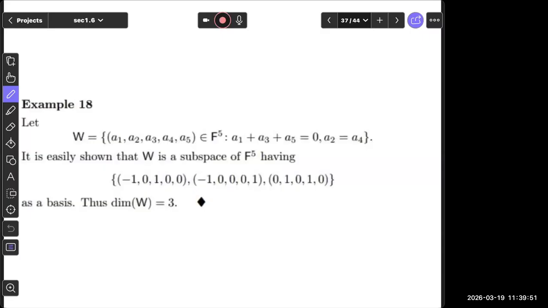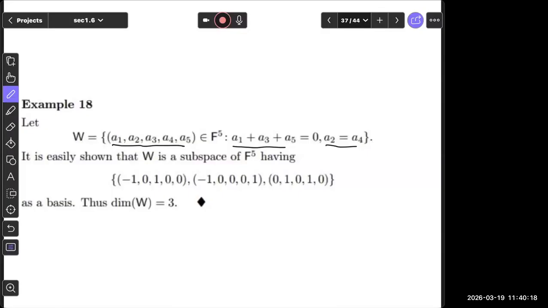Now, let us consider example 18. W is a set of vectors of 5 numbers, where a1 up to a5 satisfy some condition like this. Then this W will be a subspace of F5.